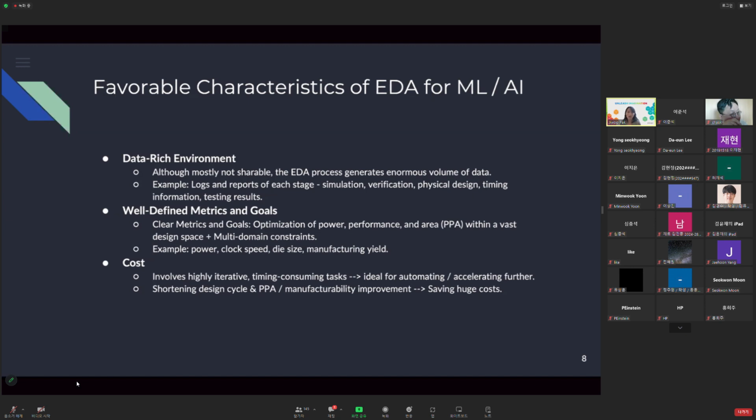And also another characteristic is it has very well-defined metrics. So we often talk about the PPA, that's power, performance, where performance means clock speed, and area of the chip. So that's the metric we are measuring. When we change a certain thing, if the PPA is degraded, then we don't take that proposal, right?